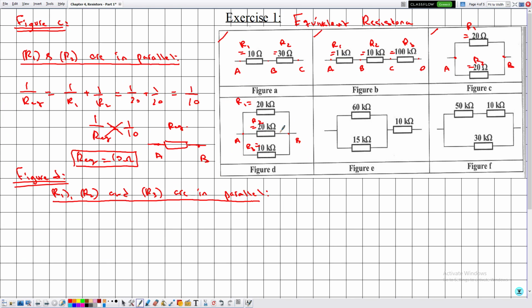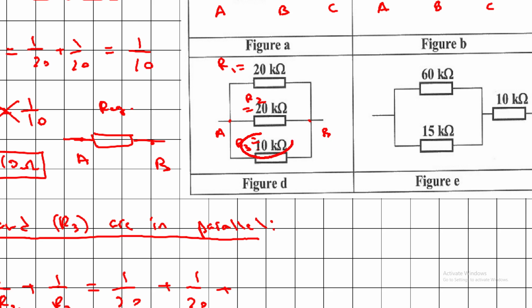They are given by A and B, and in this case the corresponding formula is given by 1 over R equivalent is equal to 1 over R1 plus 1 over R2 plus 1 over R3. Now the value of R1 is given by 20 and the value of R2 is given by 20 and the value of R3 is given by 10.